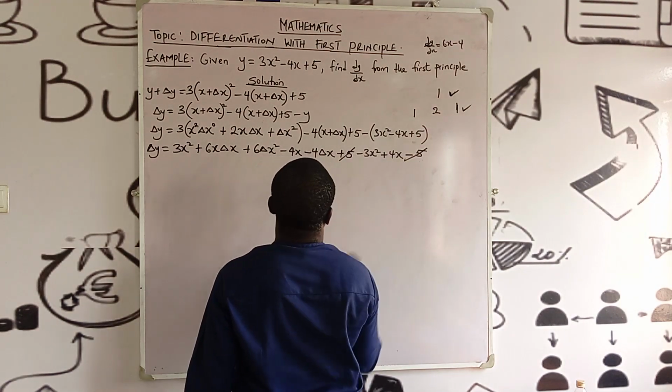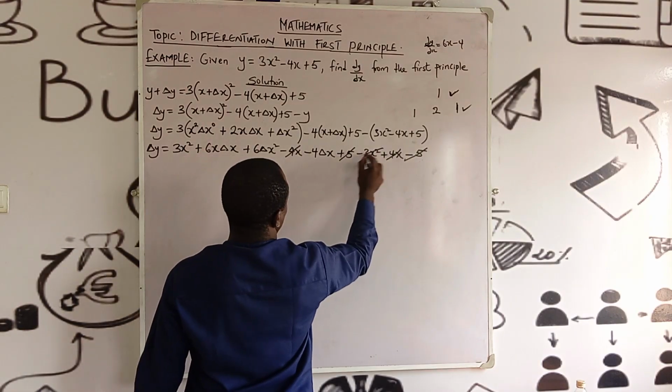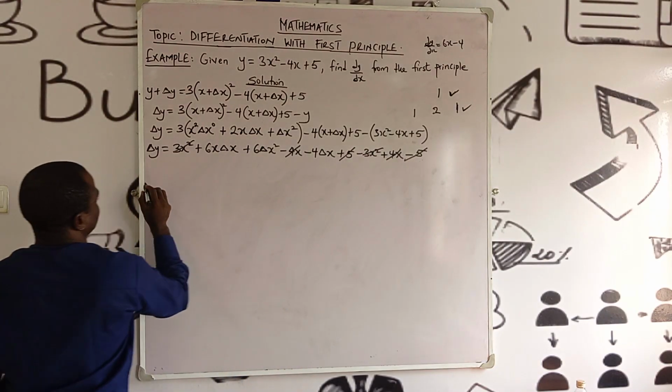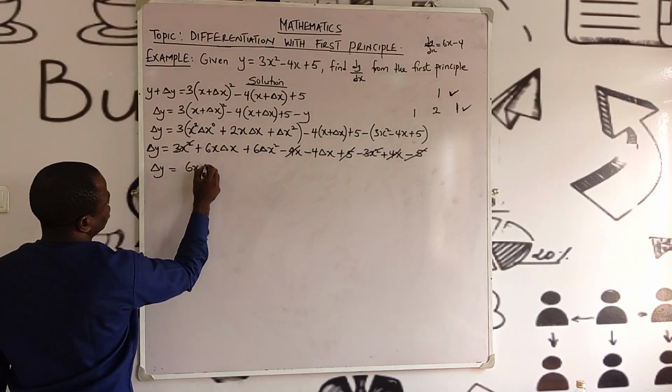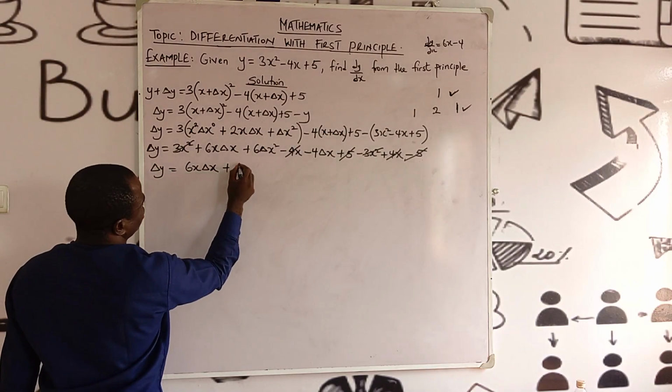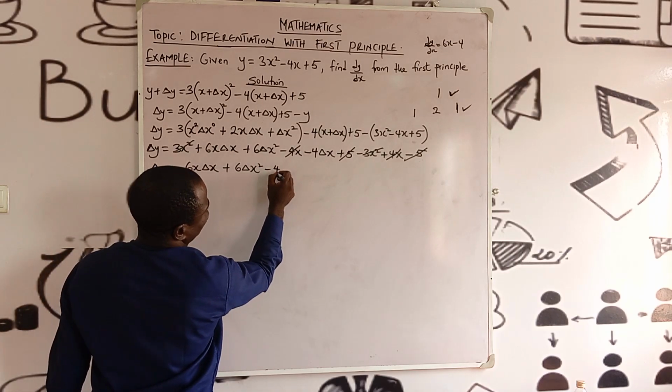This cancels this, plus 4x cancels minus 4x, minus 3x squared cancels 3x squared. Delta y now equals 6x dx plus 3 dx squared minus 4 dx.